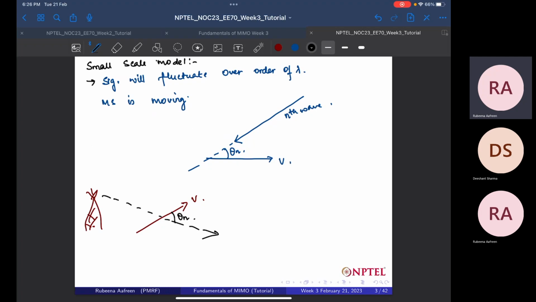Whenever we consider the transmitter and receiver model, we have some antenna height, but here we will be ignoring the antenna height. We will be taking the two-ray model.